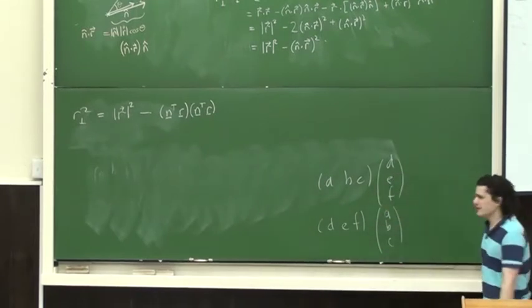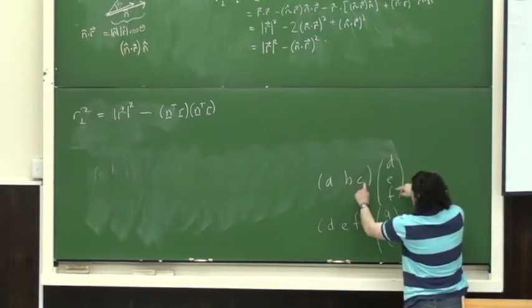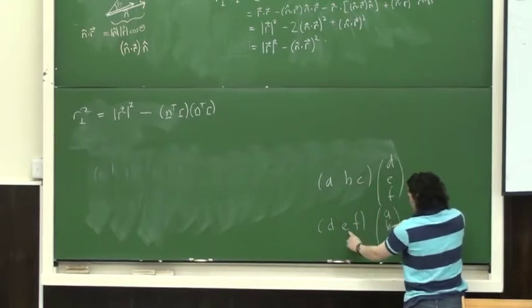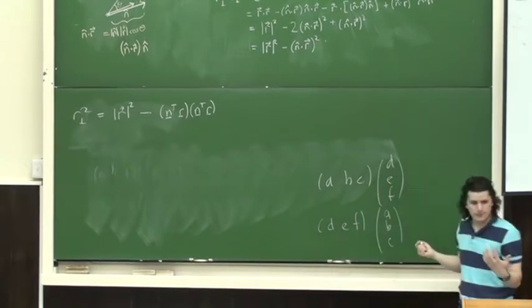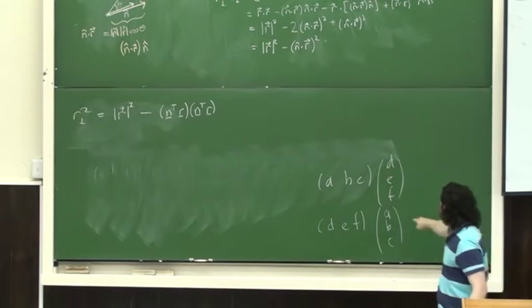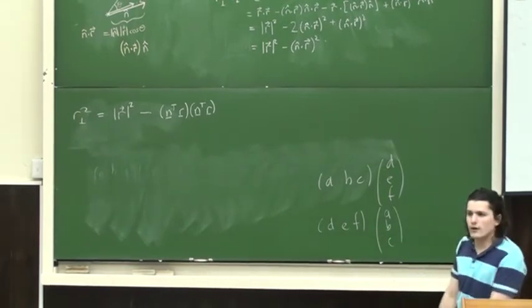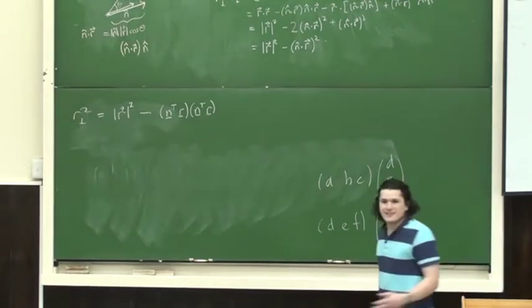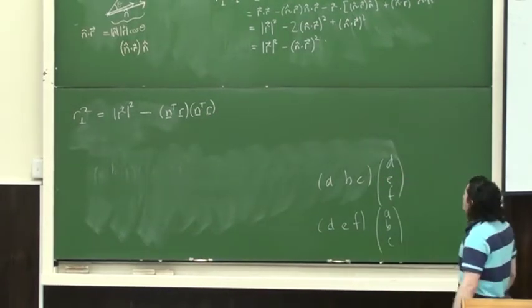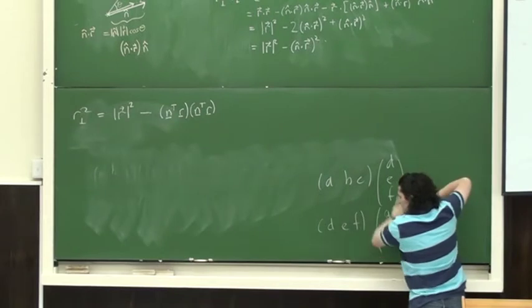If you compare these, this one is AD plus BE plus CF, and this one is DA plus EB plus FC. So they're the same, because these guys here, A, B, and whatever, they live in a commutative world. So, in other words, they're real. So these things are the same.